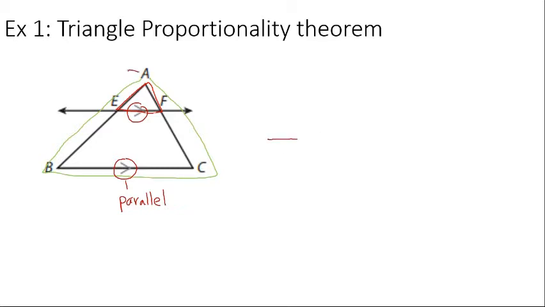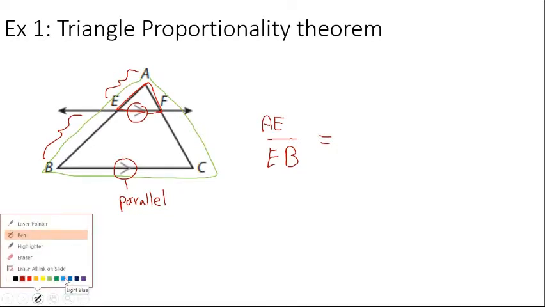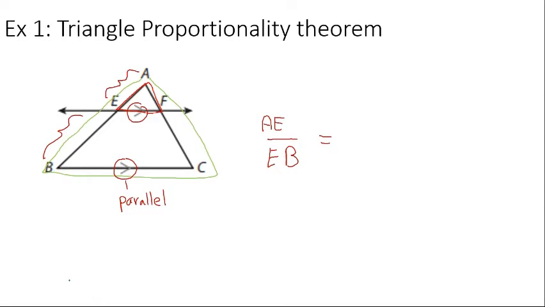So think of it like AE over EB equals, and look on the other side of the triangle. And there we have AF over FC. Okay, and that's how you set it up.